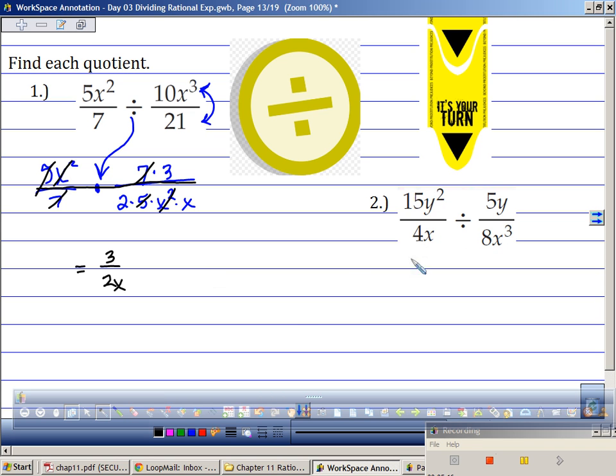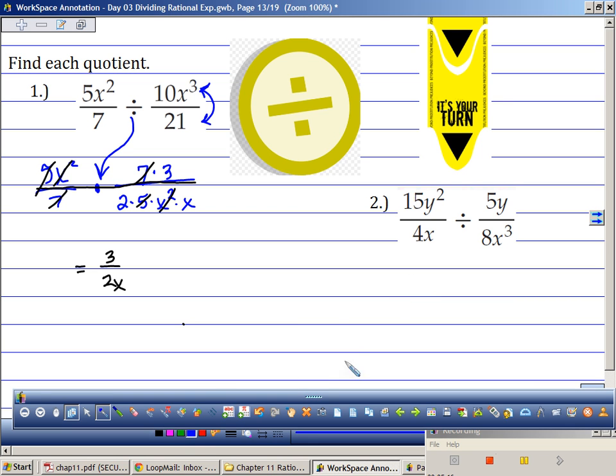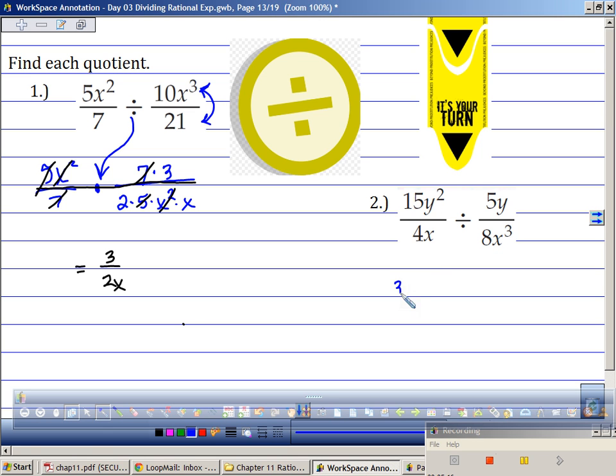Okay, this one. Rewrite my first fraction. Let me change my color. So I'm going to rewrite my first fraction. But this time, I also need to factor that as well, correct? I might as well. Divided by, do I need to factor the 4? No. Okay, we're going to rewrite the division to be multiplication, and we're going to rewrite this fraction to be its inverse.